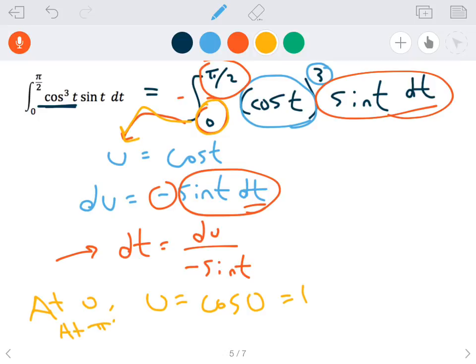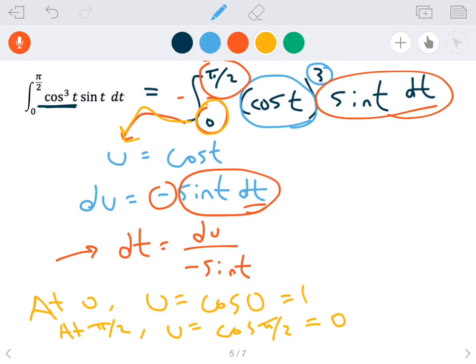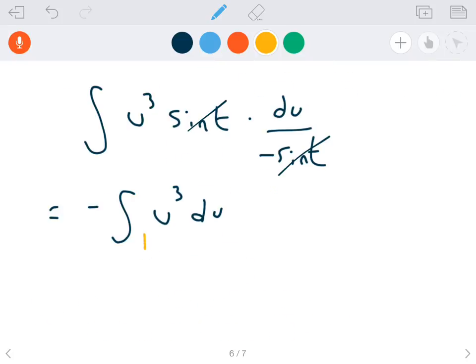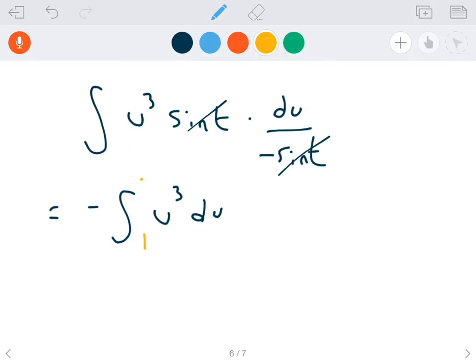At pi over 2, u is equal to the cosine of pi over 2, which is 0. And so what I've done is I've written my limits in terms of u, which means my lower limit became 1, and my upper limit became 0.